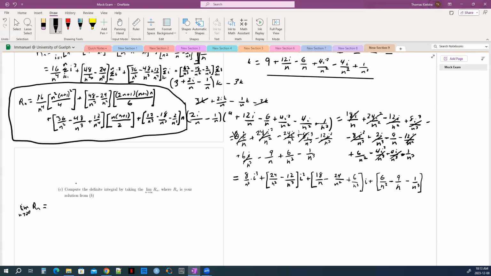So here, we look at this, r over r to the n to the 4. Here, n squared, the leading terms are just going to survive. So it's going to give us 16 over n to the 4 times n to the 4 over 4 plus zeros.